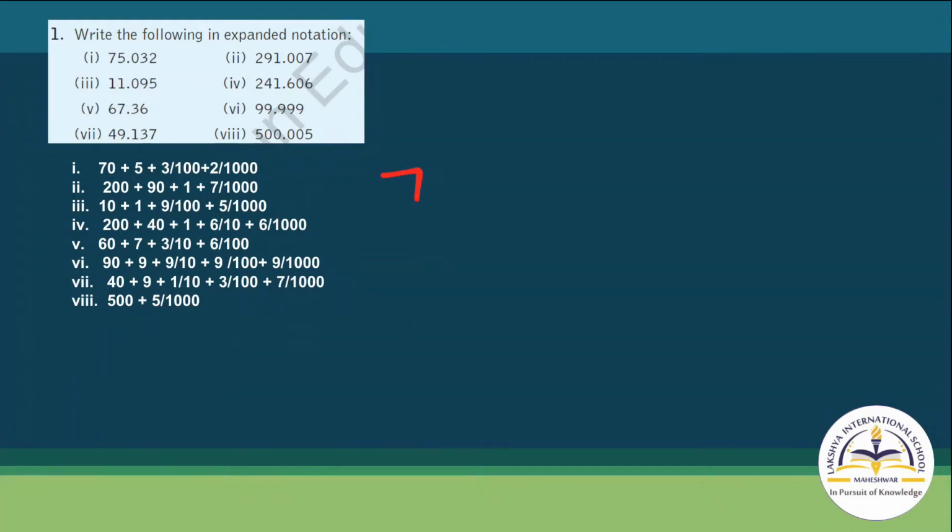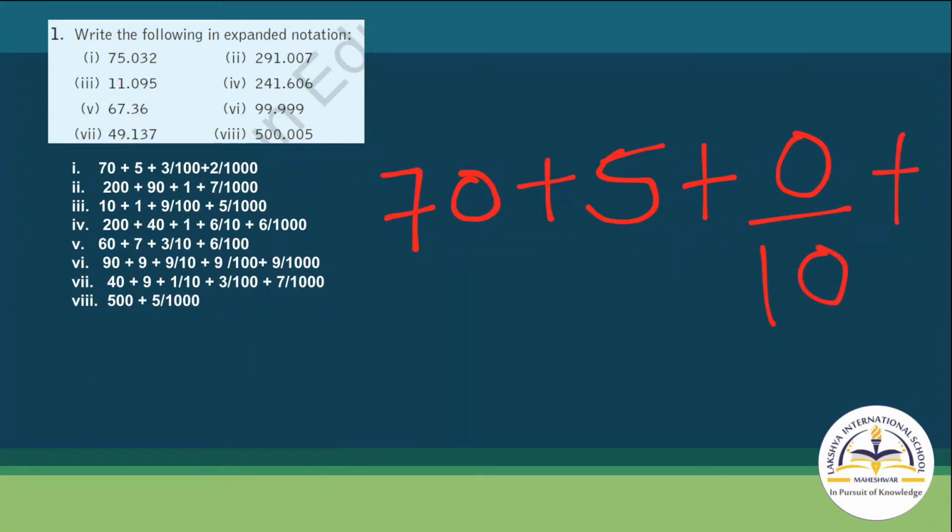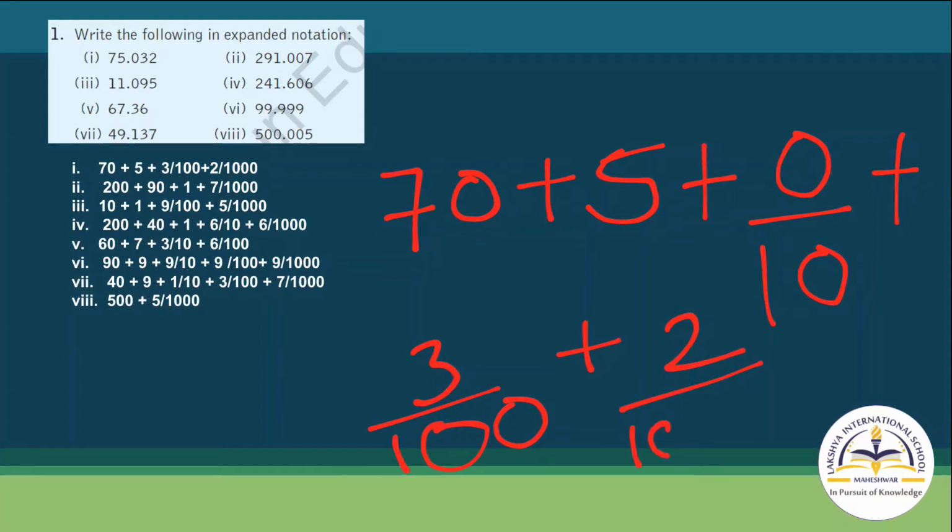So 70 plus 5 plus, now you can see 0, so you can write 0 by 10. Now 3 by 100, then 2 by 1000. Okay, so this is our answer.